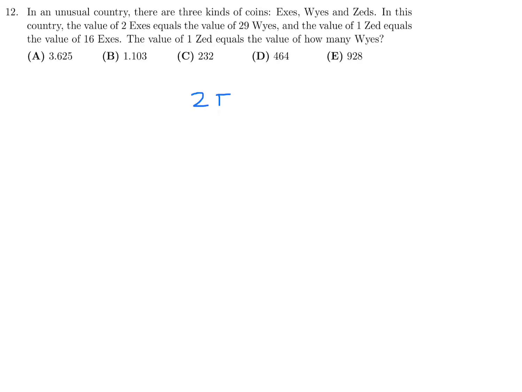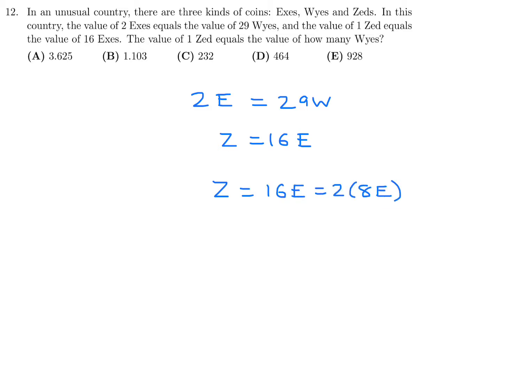So from the question stem, 2X is equal to 2Y. And they also told me that Z is equal to 16X. So I guess I can substitute here. Z is equal to 16X, which is 2 times 8X, or 8 times 2X.